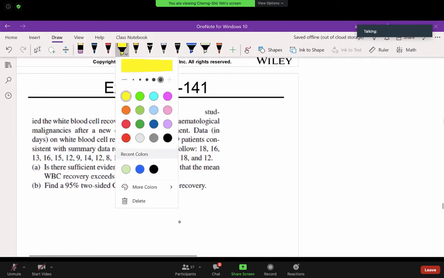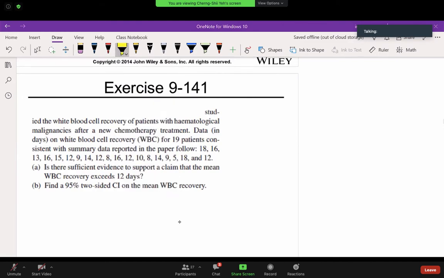They studied the white blood cell recovery of patients who went through a chemotherapy treatment, and they counted the recovery in number of days. So now they've observed the next 19 patients, and here are the number of days for their white blood cell to recover to the normal level. It's listed over here with 19 data points.